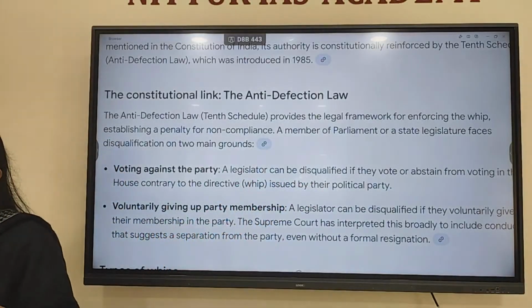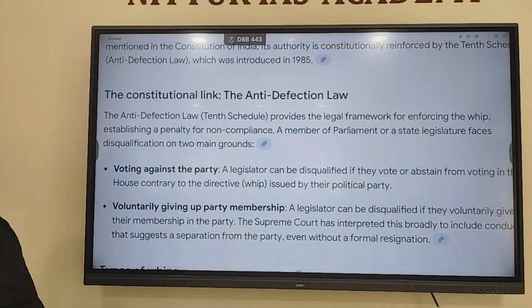Suppose there is the Congress. The Congress leader will tell all MPs to vote in support of the Congress candidates itself. Congress political party is there at the parliament level, and they must vote for their candidates. If that MP is abstaining or voting for the opposite party, the whip is issued.